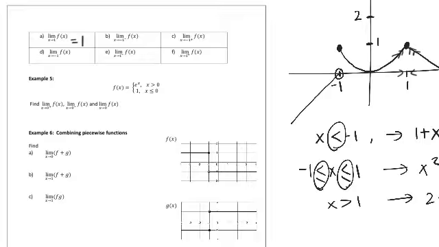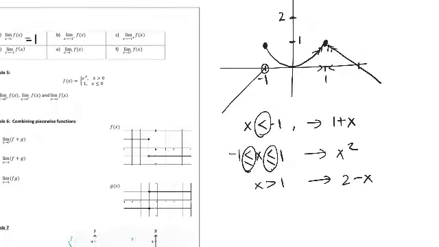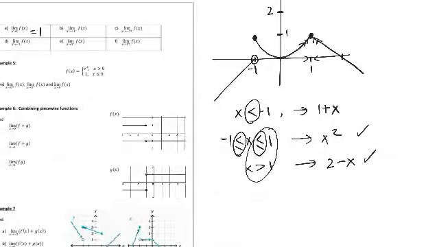Now, you can also check that from the equation, right? Here is the breakpoint for x equal to 1. These are the two functions on the two sides of 1, so you can put 1 into both of those functions and see what you get. We could even write it that way.